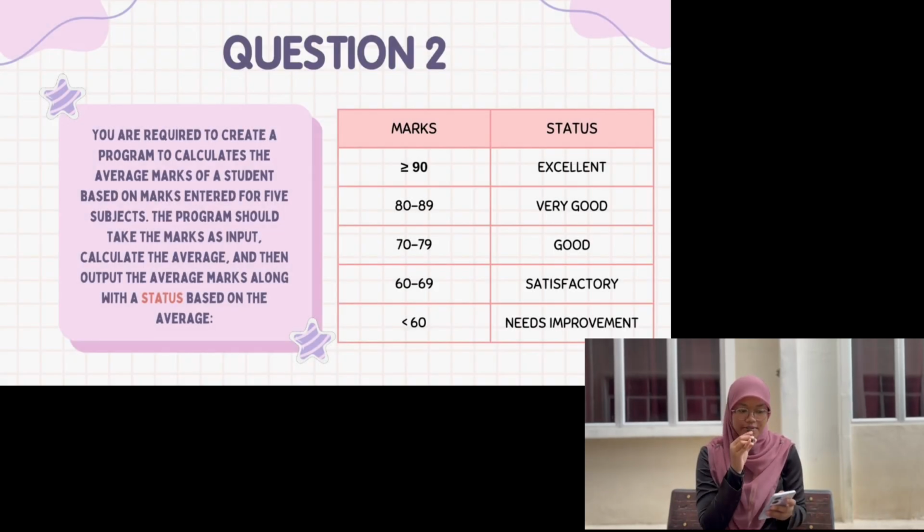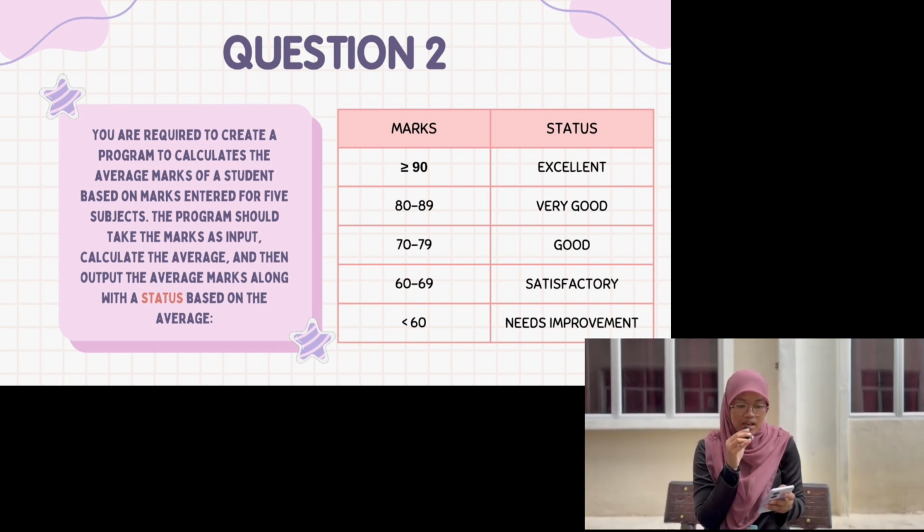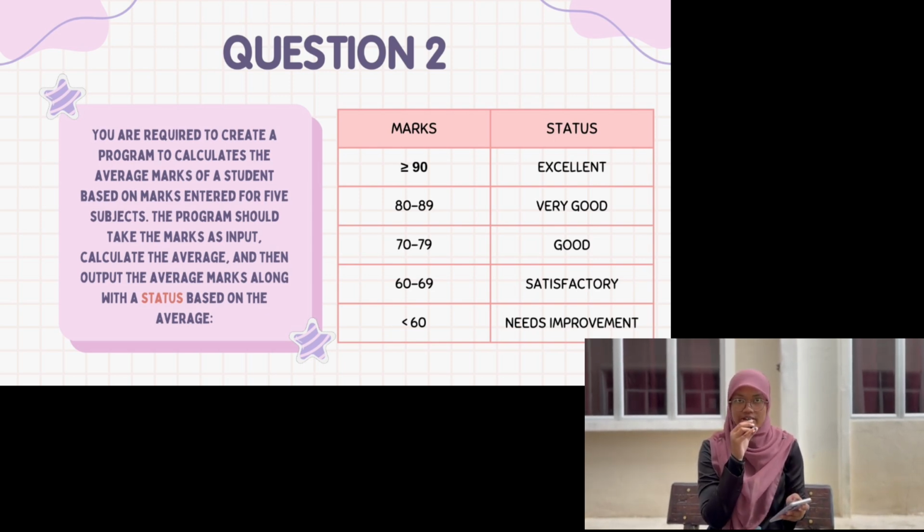Next, for question 2, you are required to create a program to calculate the average mark of a student based on marks entered for 5 subjects. The program should take the marks as input, calculate the average, and then output the average mark along with a status based on the average.